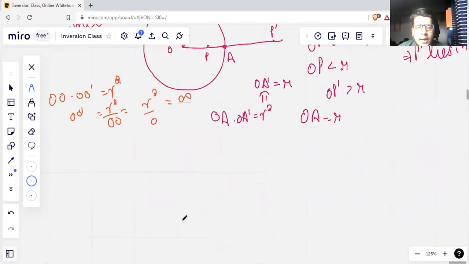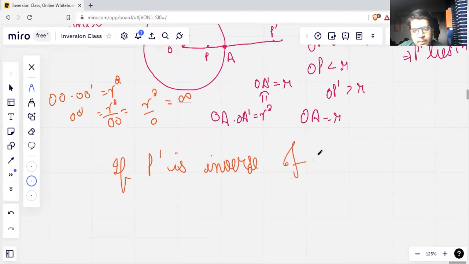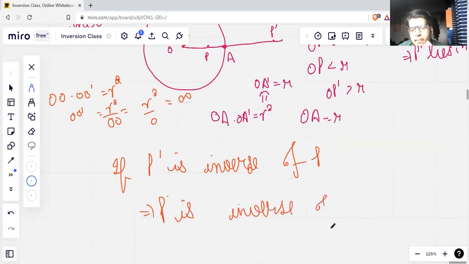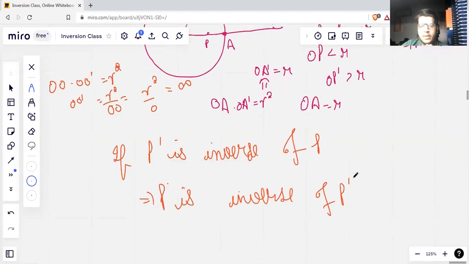Here's a nice property. If P dash is the inverse of P, this implies P is the inverse of P dash. This is very easy to prove using the definition of inversion.